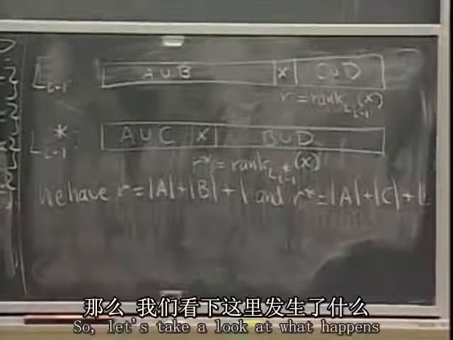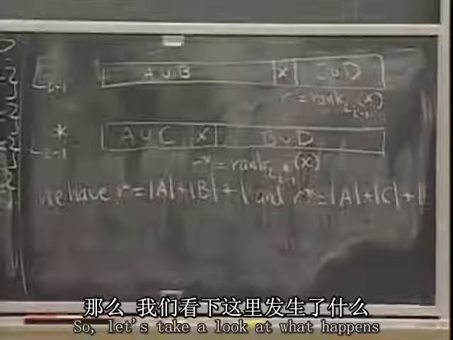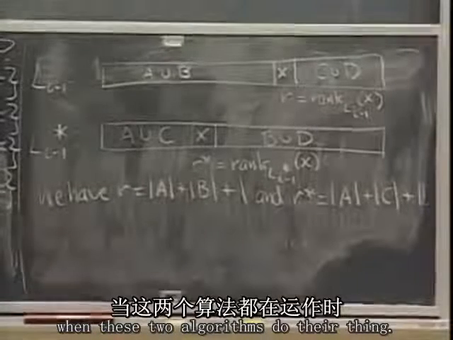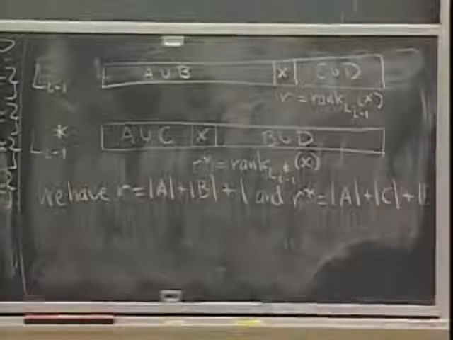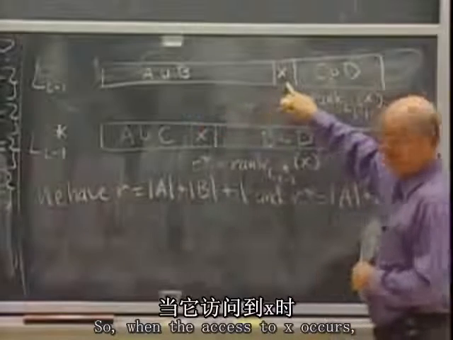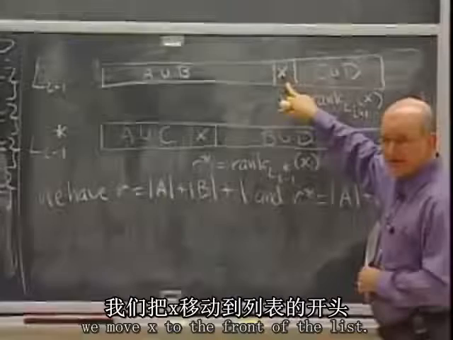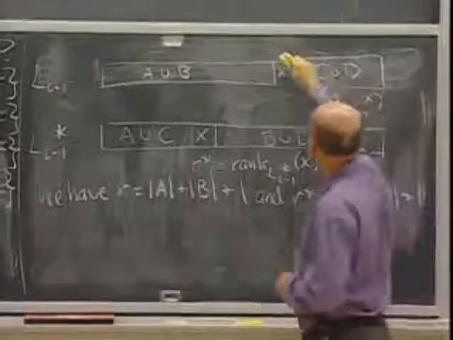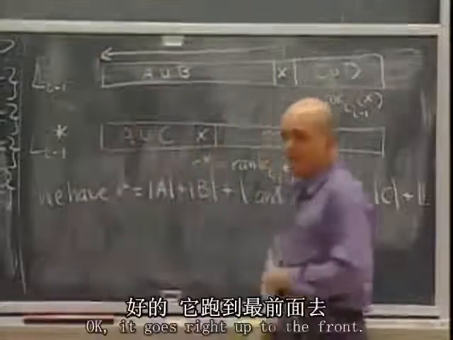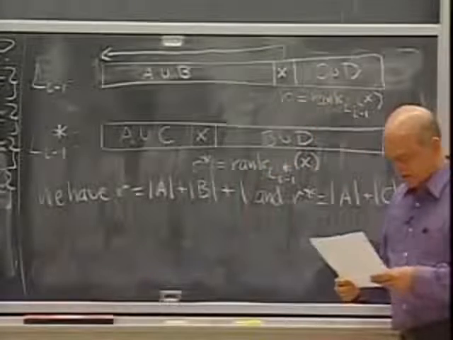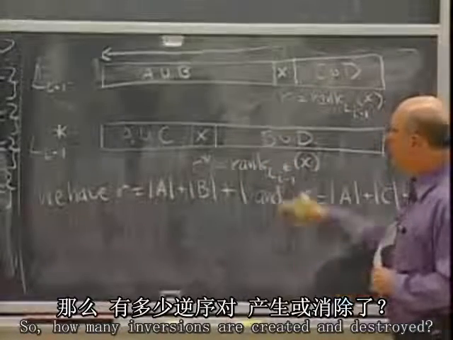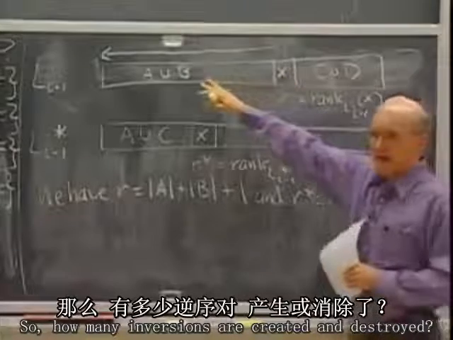So let's take a look at what happens when these two algorithms do their thing. When the access to X occurs, we move X to the front of the list, right up to the front. So how many inversions are created and destroyed?